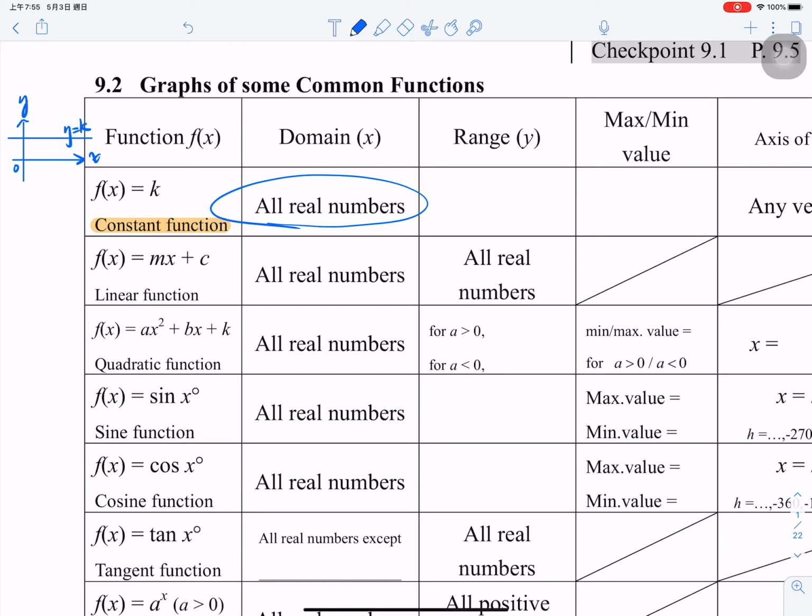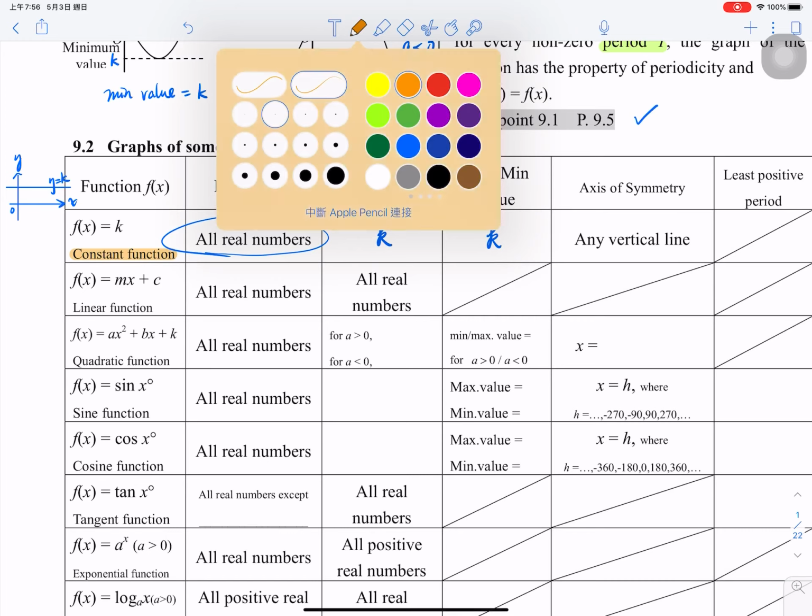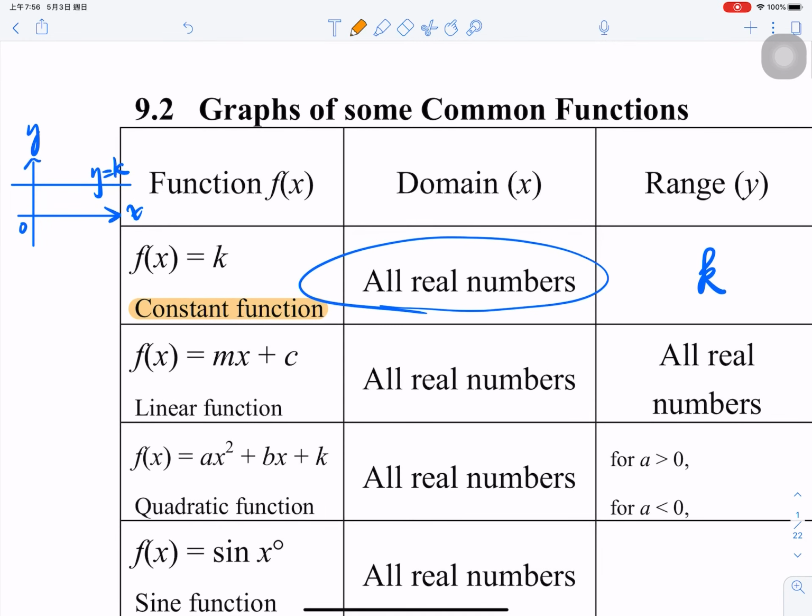How about the range? This time the range has only one value, k. So the maximum or minimum value is also k. Then what is the axis of symmetry? That means if you draw that axis, you can cut the graph into two sides and the graph has symmetry.